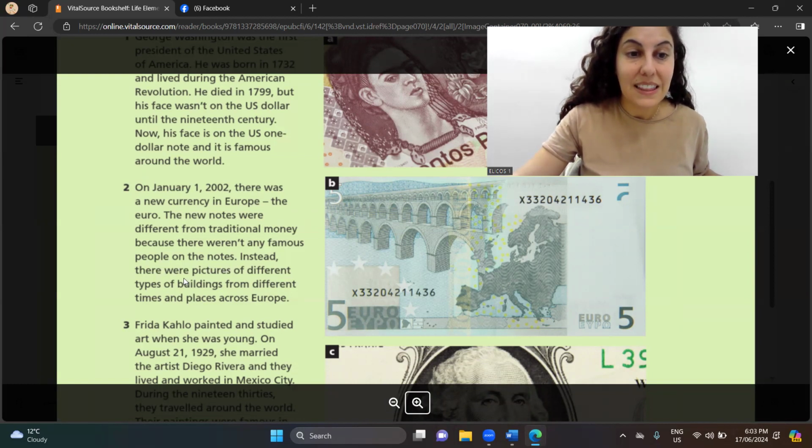Instead, there were pictures of different types of buildings from different times and places across Europe.